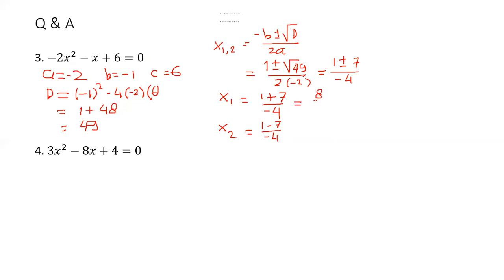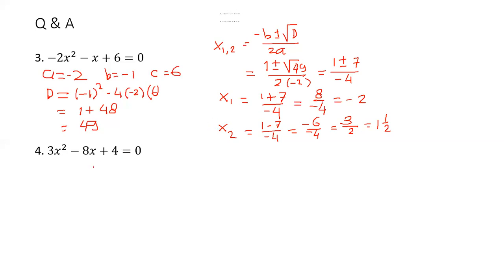It becomes 8 over -4 equals -2, and the second x equals -6 over -4. Negative divided by negative becomes positive. We could simplify it to 3 over 2, or 1 1/2. Right, so the first x is -2 and the second x is 3/2.